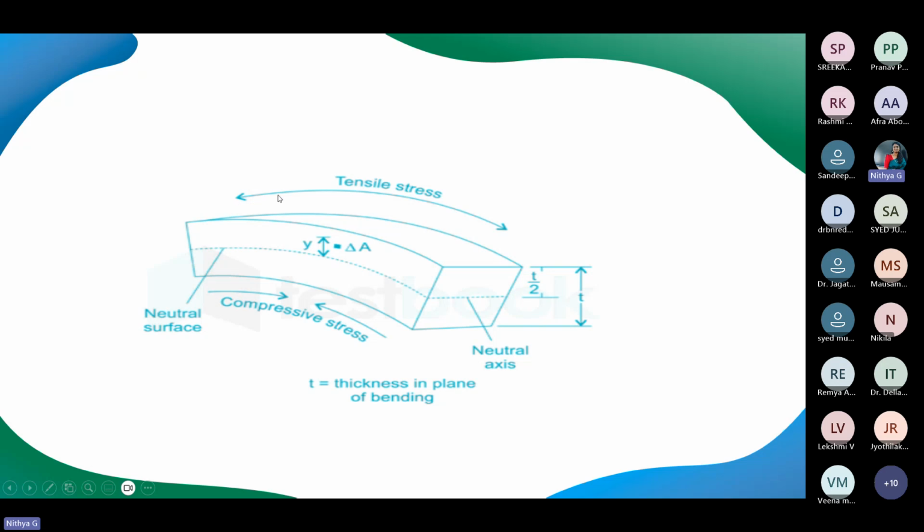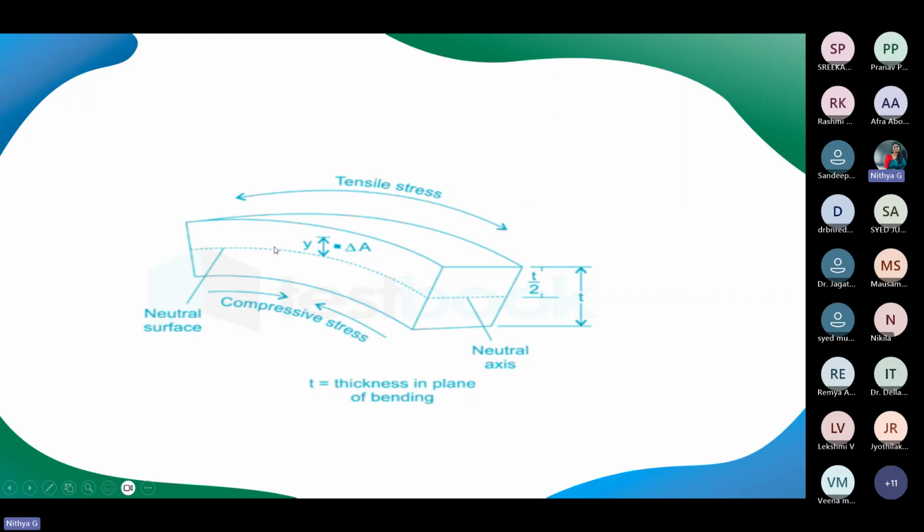On the outer surface of the cantilever beam, as we all know, there are two types of stresses: tensile stress, that is longitudinal stress, and compressive stress. The outer surface of the cantilever beam will experience tensile stress, whereas the inward face of your cantilever beam will be compressive.